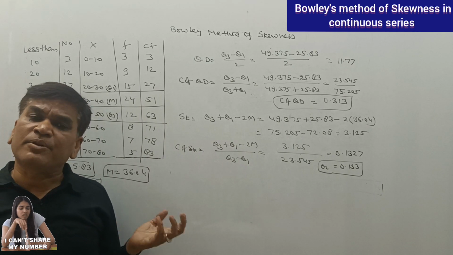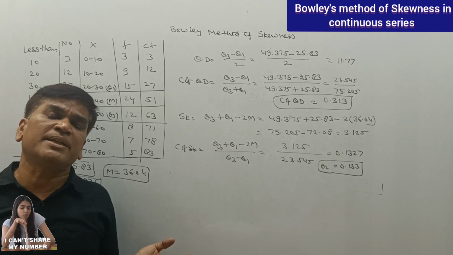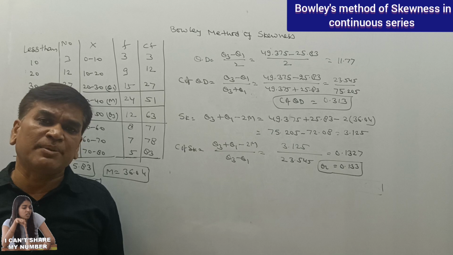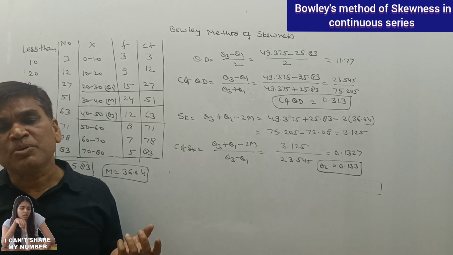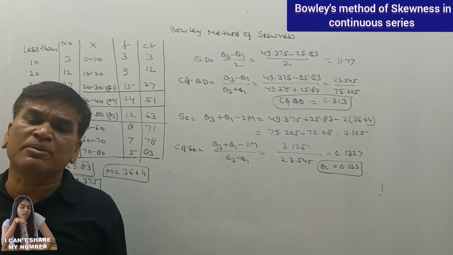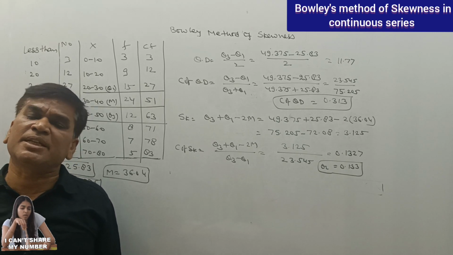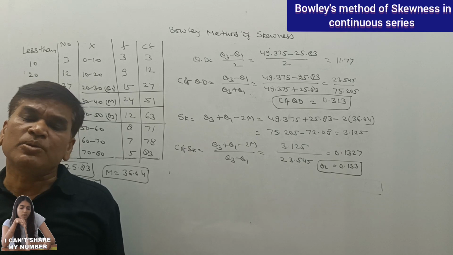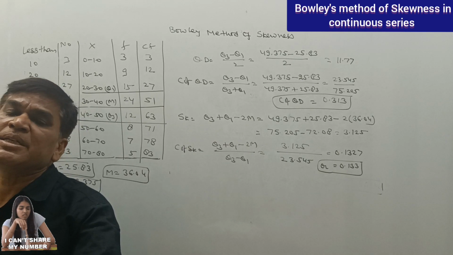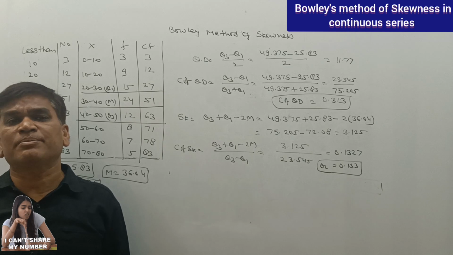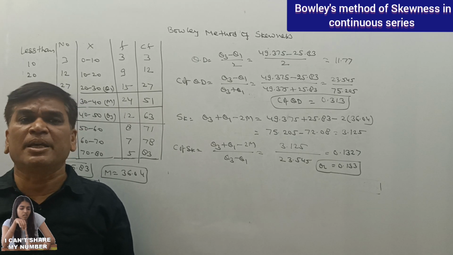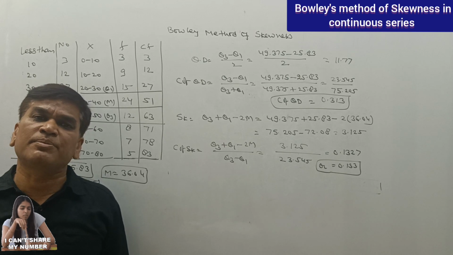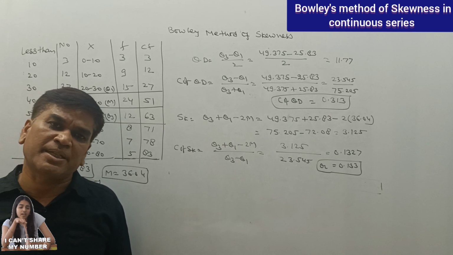We only have to learn the formula for how to calculate the skewness in the Bowley method. The skewness is Q3 plus Q1 minus 2M, and the coefficient of skewness is Q3 plus Q1 minus 2M divided by Q3 minus Q1. If you learn the formula, you can easily calculate the Bowley method. I think this video will be very helpful to you to calculate the Bowley method of skewness. Thank you once again.